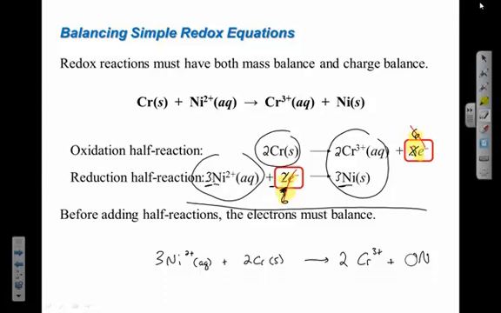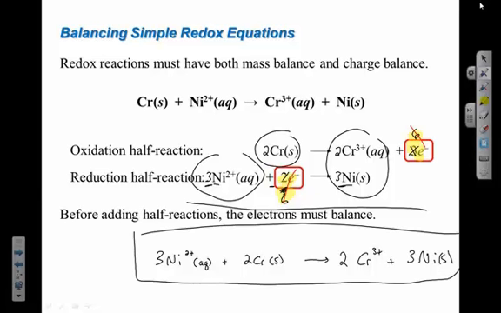Should be a 3. Now my reaction is balanced because I have both equal numbers of each element on both sides and equal numbers of electrons on both sides. So you should be able to do that as well. Any questions about that?